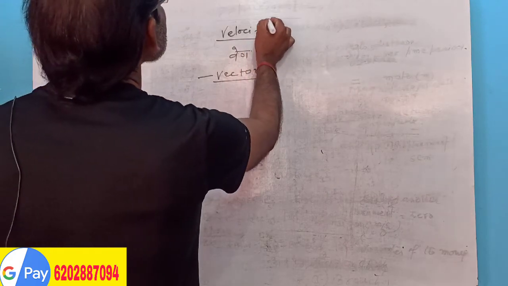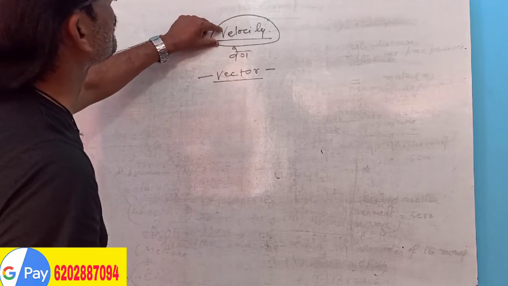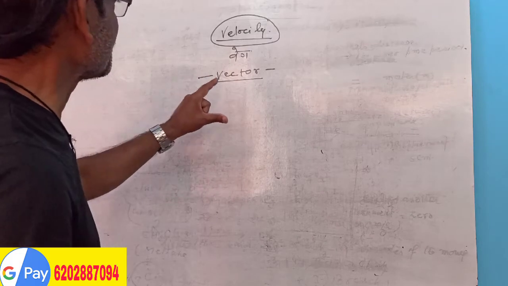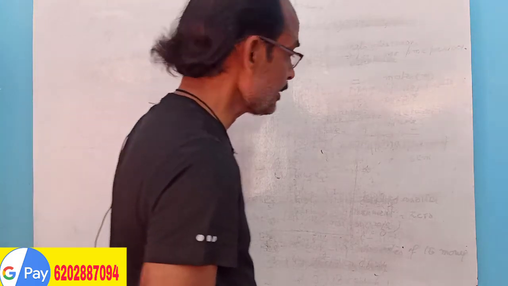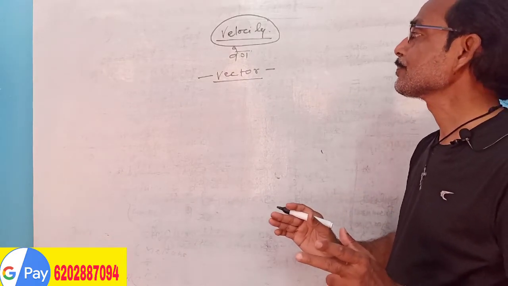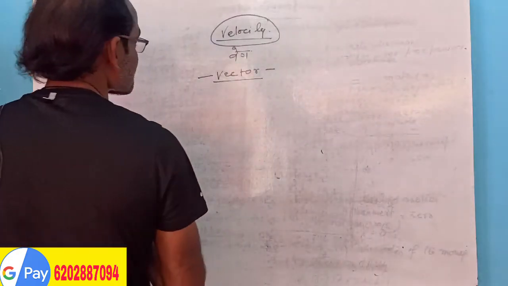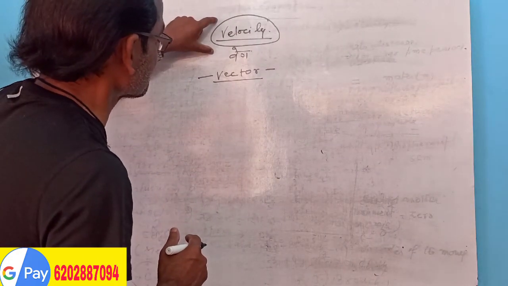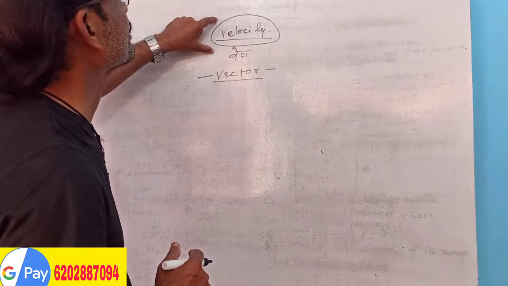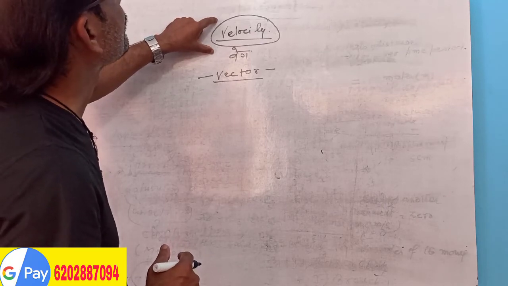We are coming to know about the definition of velocity. When a body travels a certain distance in a certain direction in a certain period of time, this physical quantity is said to be velocity.